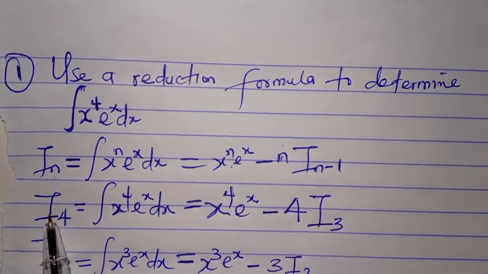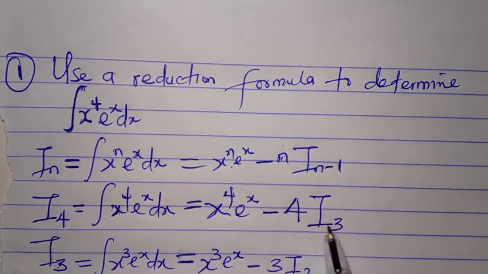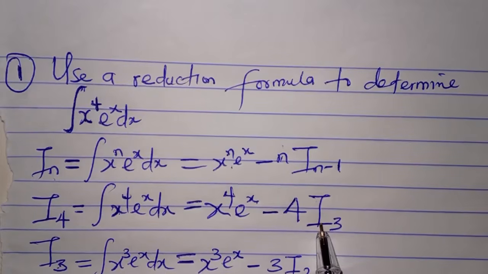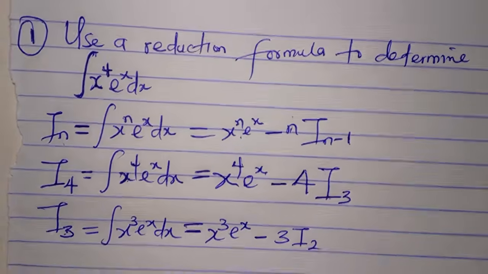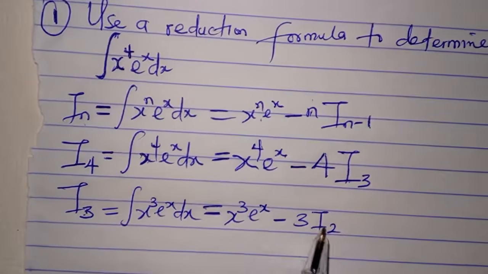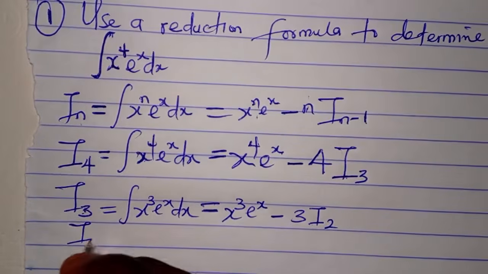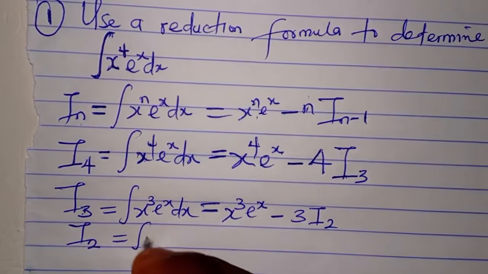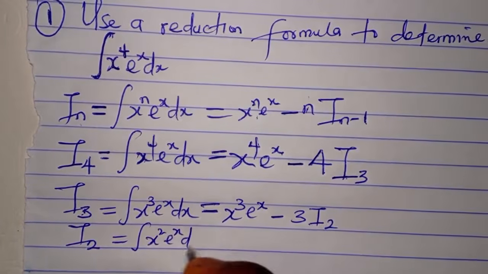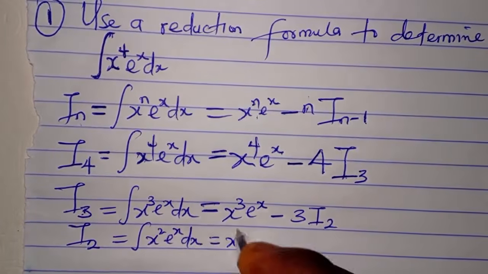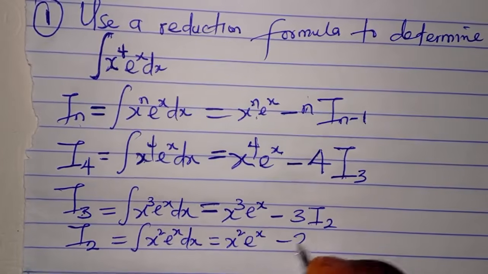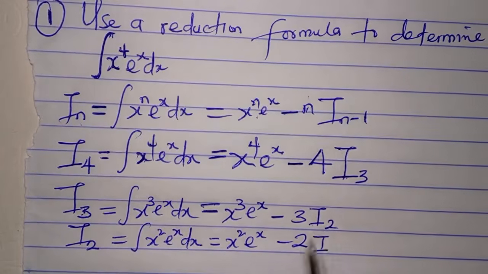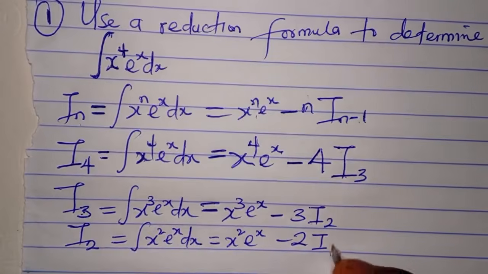We are looking for I4, but along the line, I3 appears. So we have to break it down until we get to I0. What is I2, which is the integral of x squared e to the x dx? It is equal to x squared e to the x minus 2 I, 2 minus 1 is 1.